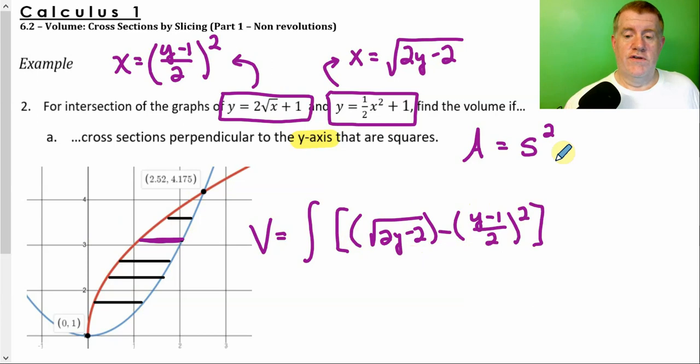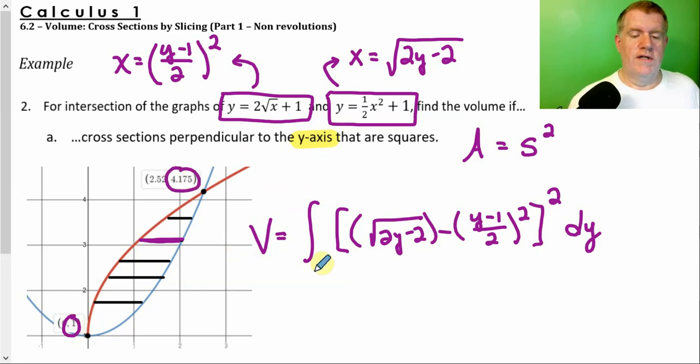I'm going to take all that and I'm going to square it. Remember, this is the expression for the side. I'm going to square it. Now, I didn't put the limits of integration yet because I'm doing my y-axis. Now I'm going to use the y values. I'm going from 1 up to 4.175.